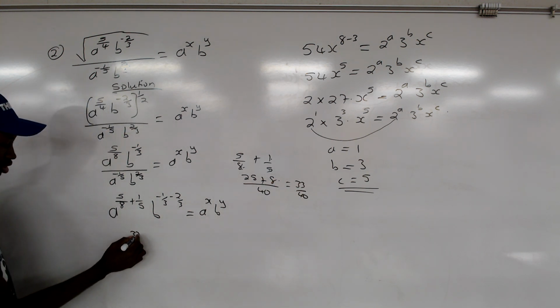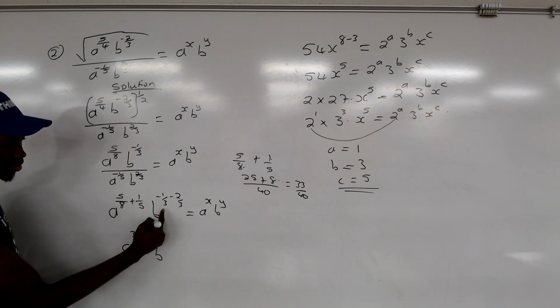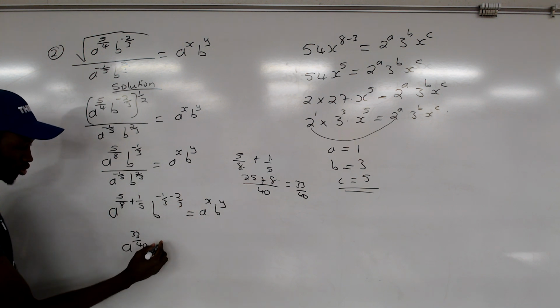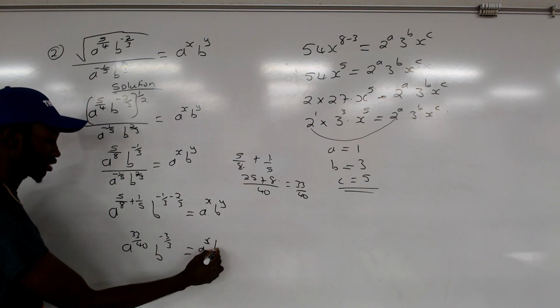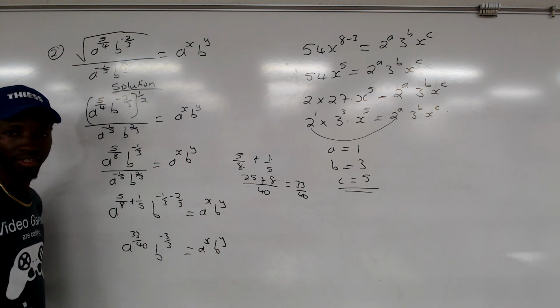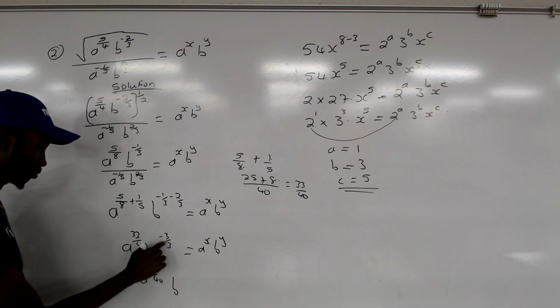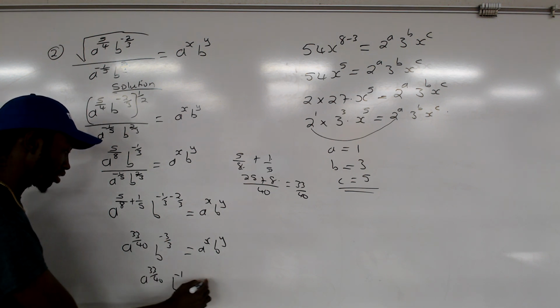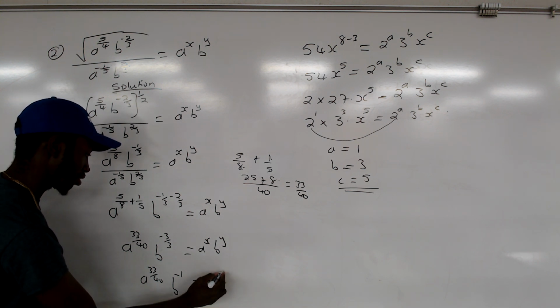For b, the bases are the same, so we add minus 1 and minus 2, which gives minus 3 over 3. That's it. So we can say a raised to the power 33 over 40 and b raised to the power minus 3 over 3, where the 3 cancels, giving minus 1, equals a raised to the power x and b raised to the power y.